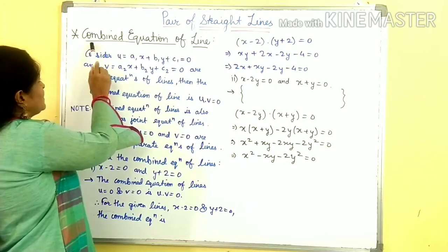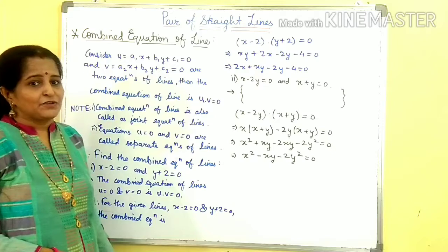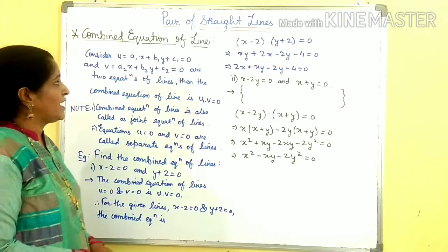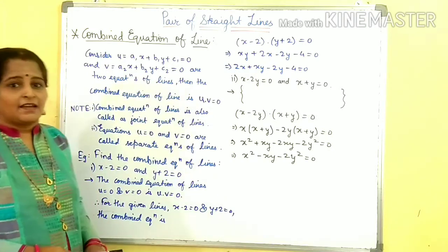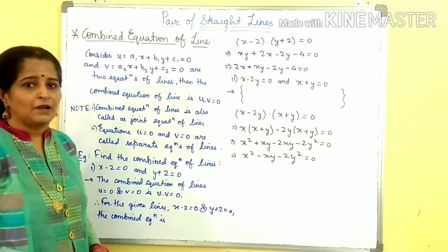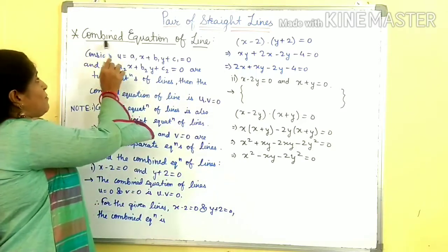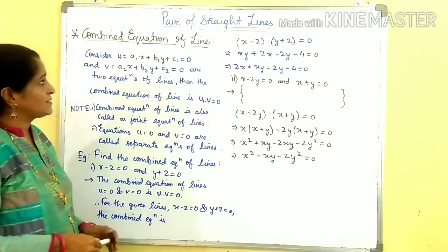First topic is combined equation of line. As we know, the equation of line is denoted by ax plus by plus c is equal to 0. So here there is combined equation of lines.